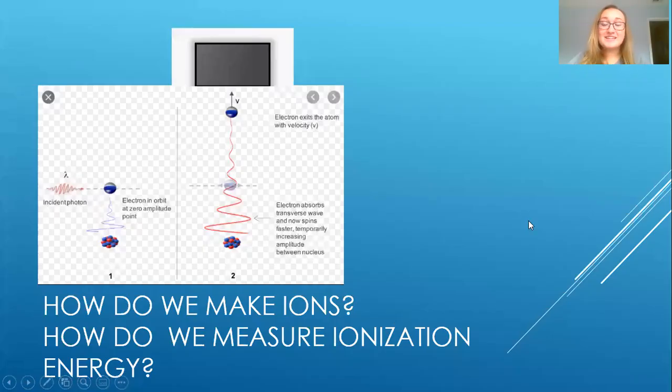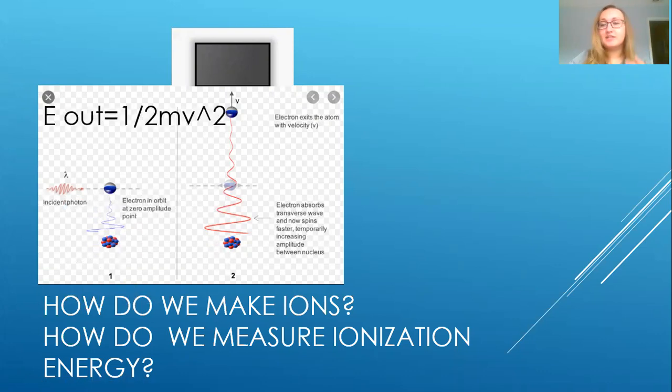The key difference is that now we're going to measure the exit velocity of that electron that was ejected so that we can calculate its energy. And we would just calculate its kinetic energy. So we can calculate the energy of our ejected electron. And we also know the energy that we put in because we can calculate the energy of electromagnetic radiation.